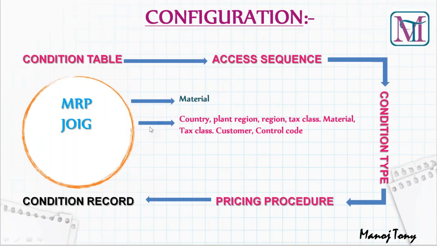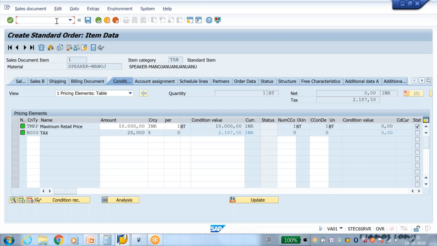Now what we have to do is create MTAX. Here I will create another condition type, in percentage, as a discount. Why will I create this? Because I have to deduct the tax amount from the MRP, then I will get the base price. So quickly go to VOK3.